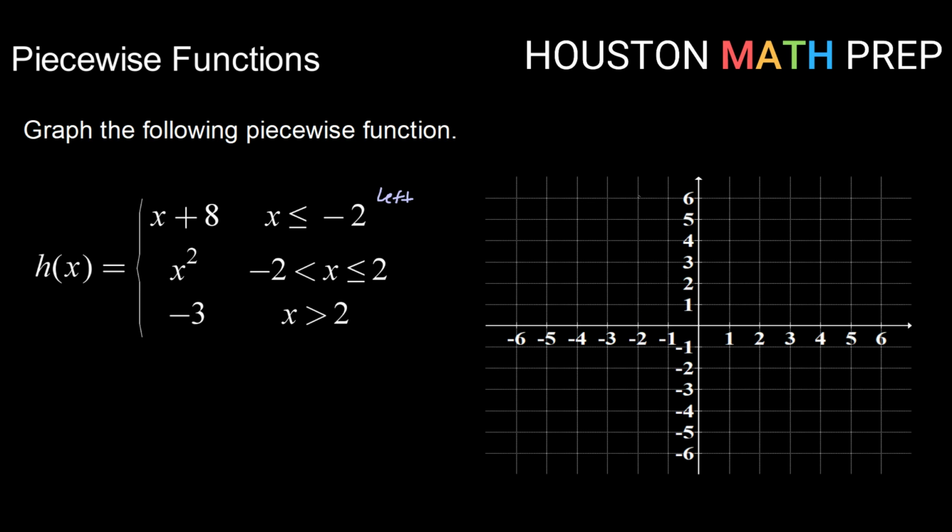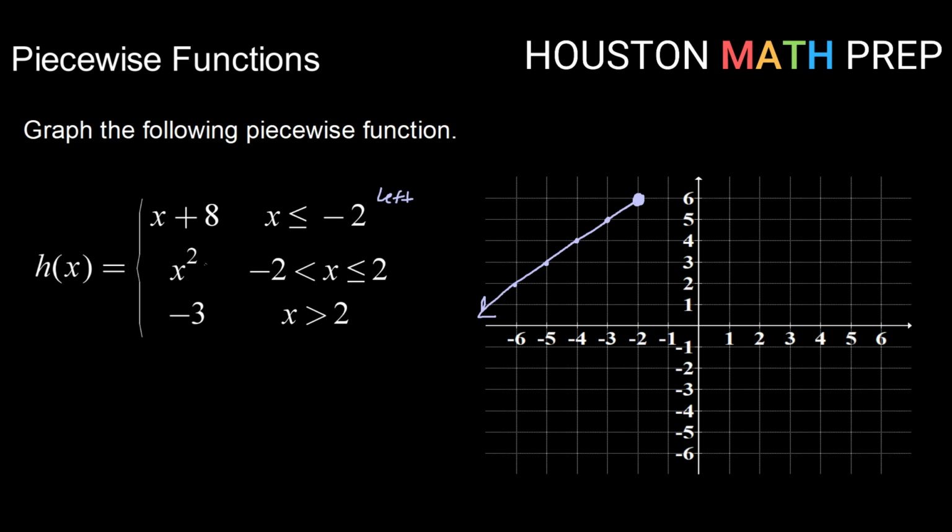So I have a solid dot here at -2, 6. Using that this is a linear function with a slope of 1, I can go down 1, left 1, down 1, left 1, and so on to continue my picture. So just connecting through those and extending to the left. There's my first piece, x plus 8 for x less than or equal to -2.